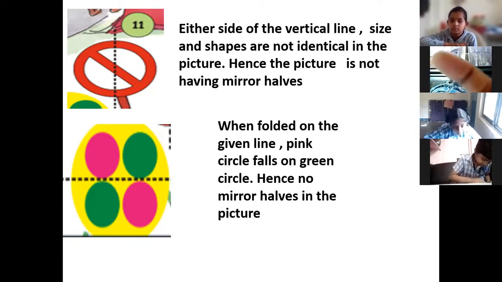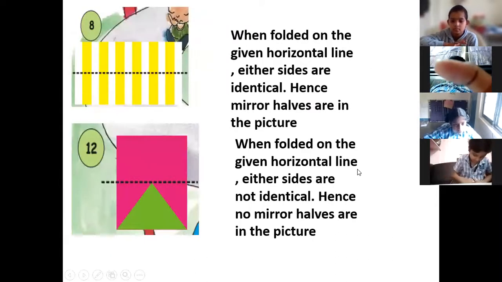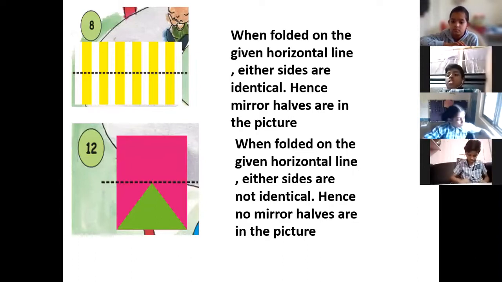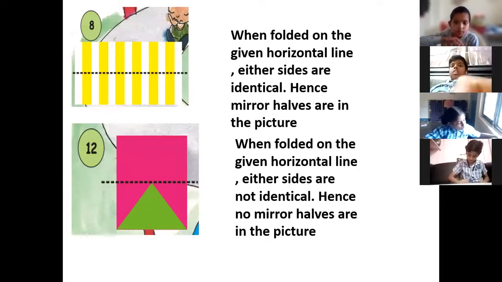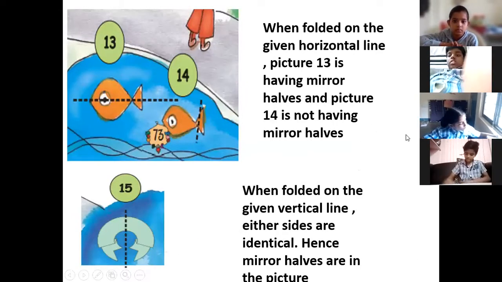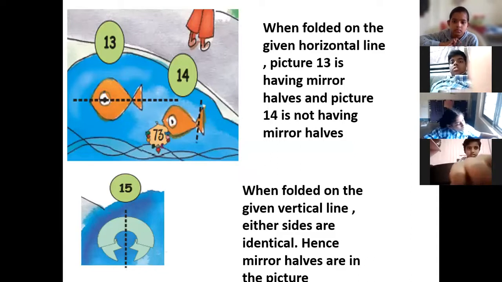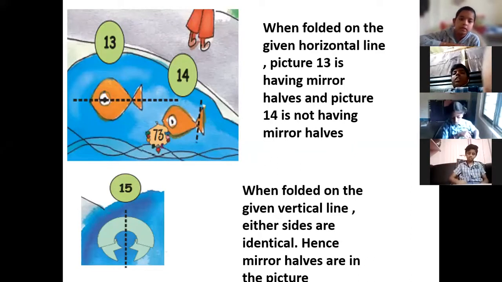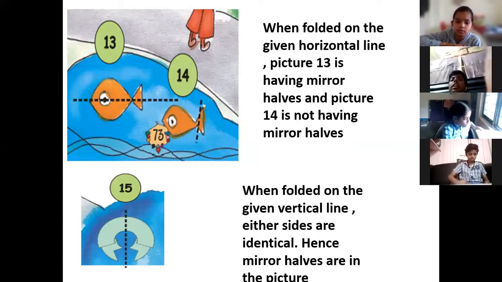Eleventh one is not. Twelfth one is not. The thirteenth one is the same as the eighth one, sir. Same, sir. The twelfth is not. Thirteenth is same. Fourteenth is not correct, sir.